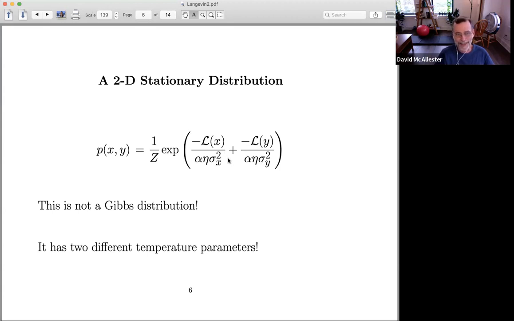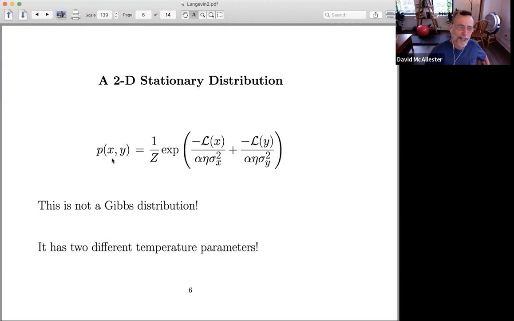So you cannot write this as the loss over a single temperature, and it breaks. Nonetheless, I'm going to use this in the next unit to motivate RMS prop, or at least to relate this theory to something called RMS prop, a particular adaptive SGD algorithm.